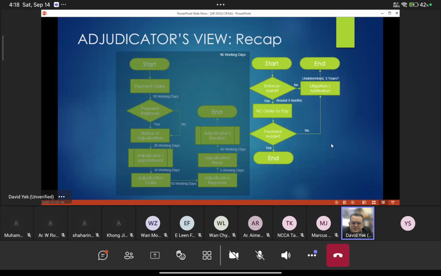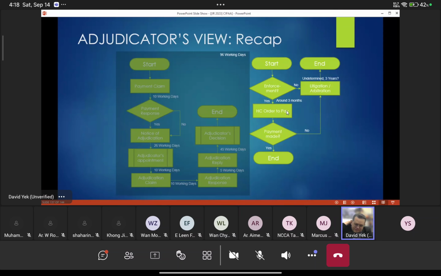Okay, so now we do another recap as to what happened after you get the decision. All right, you either go for enforcement. If the court gives you an enforcement order, it's as good as a High Court order to pay. It takes around 3 months, sometimes. Fastest is around 3 months.